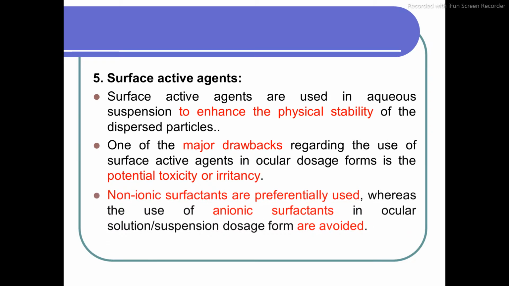Mainly non-ionic surfactants are preferable in ophthalmic preparations. If you try to use an anionic surfactant, it may cause high irritation in your eyes. So surface active agents are limited to only non-ionic surfactants, and anionic surfactants are generally avoided as they cause irritation in your eyes.